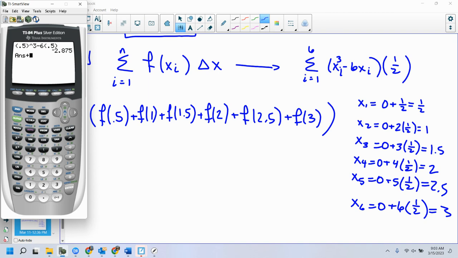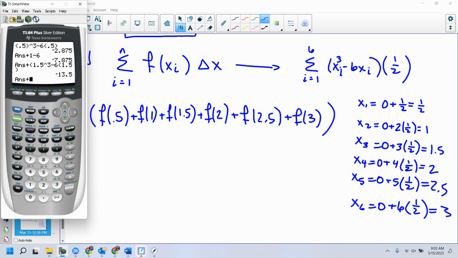And I'm going to just keep adding. 1 to the third, which is 1, minus 6 times 1. Right? Plus, and then I've got 1.5 to the third, minus 6 times 1.5. Right?